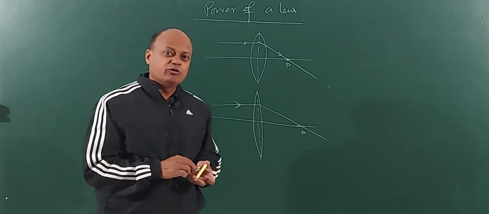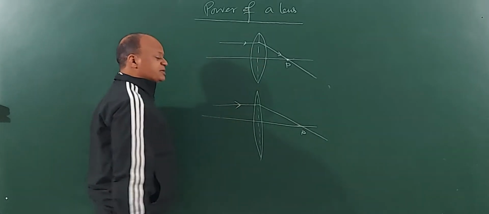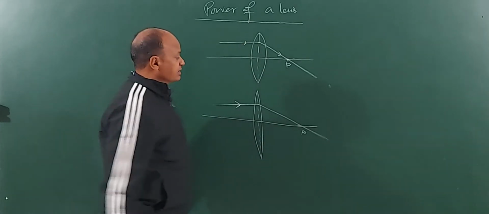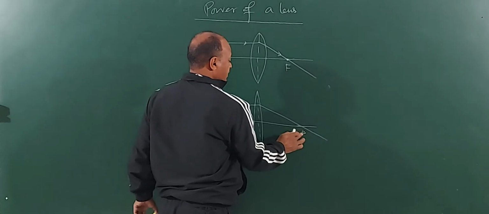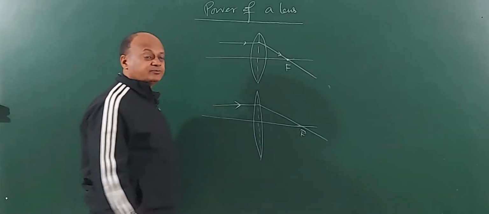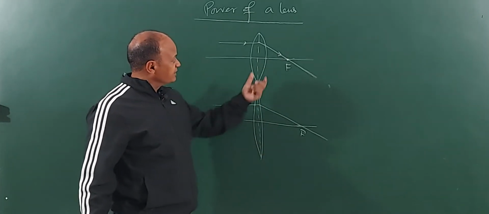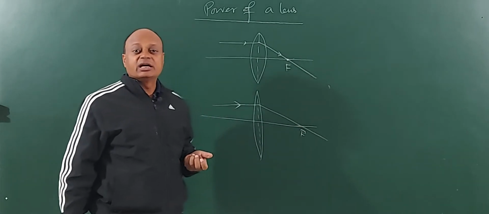Now mathematically, how do we see this? You know, the rays which are traveling parallel to the principal axis, after refraction will pass through the focus. So I will not write P, I will write F, and I will write this also as F, since we define focus. Now if you look at these two diagrams, you will find the first lens has got smaller focal length and the second lens has got greater focal length.